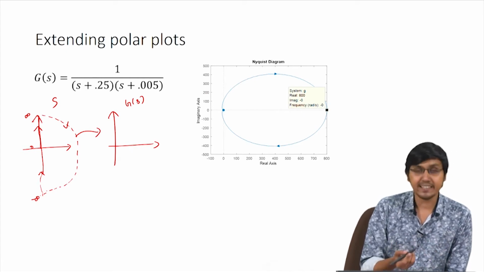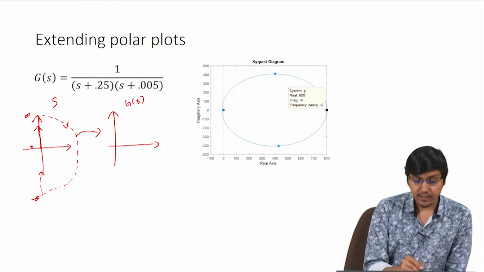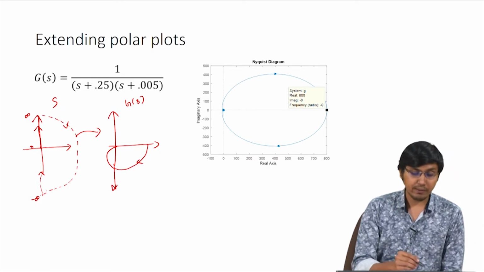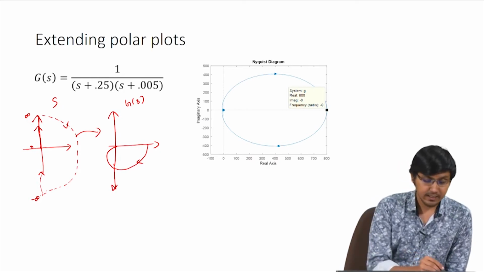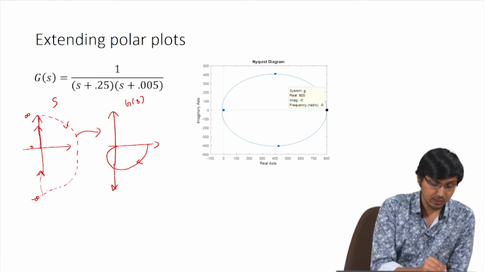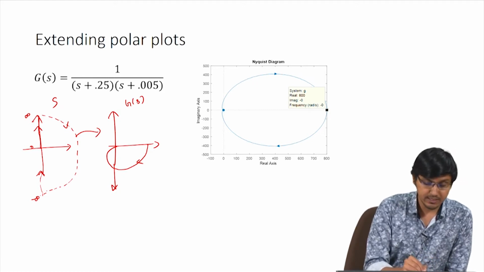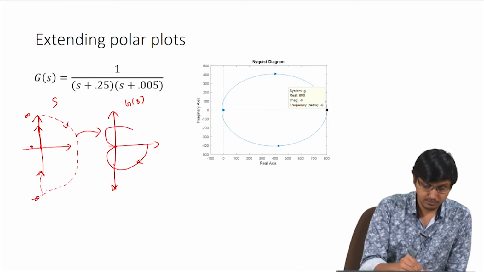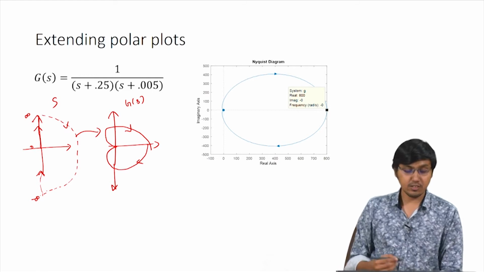So what basically happens in the G of S figure is, suppose we add this figure, for the completion of this, this becomes the mirror image of that. So this will become the mirror image of it.